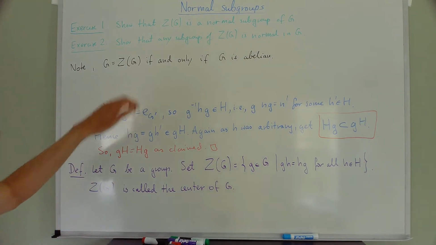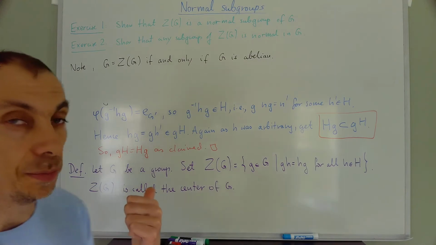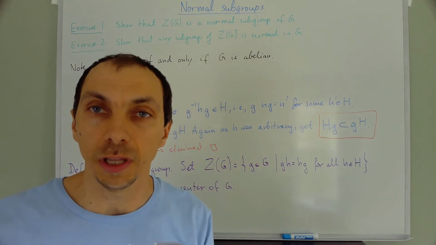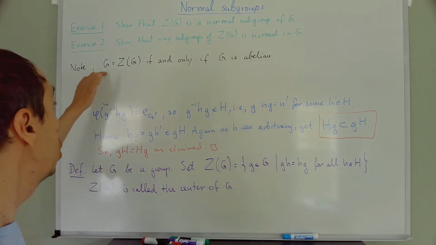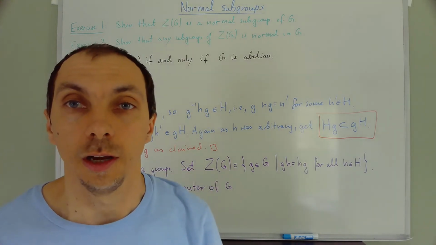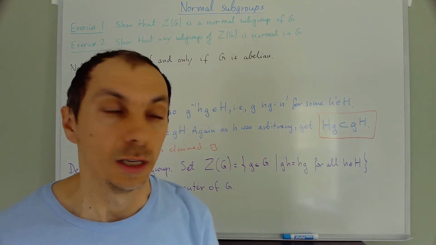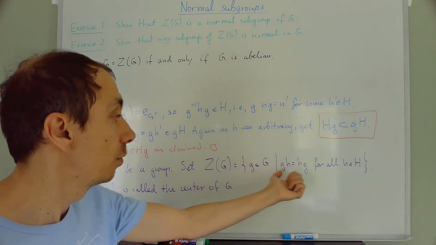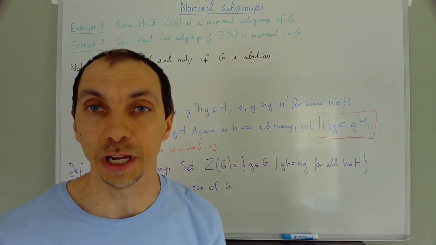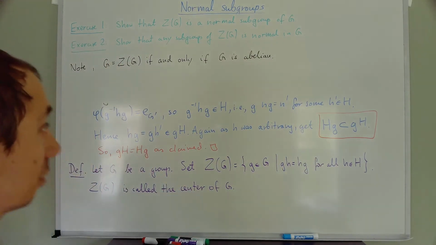Okay, that's clear, because if G is abelian, then every element commutes with every element. So that means G is equal to the center. On the other hand, if G is equal to the center, by definition, that means every element of G commutes with every element, so G is abelian. Okay, so that's clear.